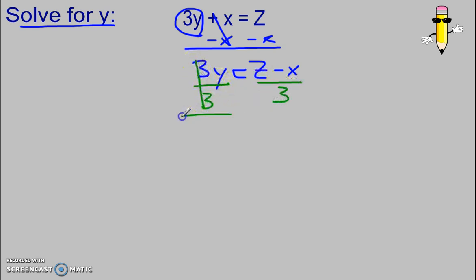This will cancel out, and now I get y is equal to, again, there's no value here, so I can't divide that. So I'm left with z minus x over 3. This is solved because the variable that we were solving for is by itself.